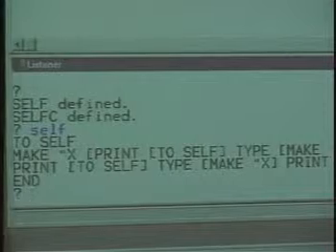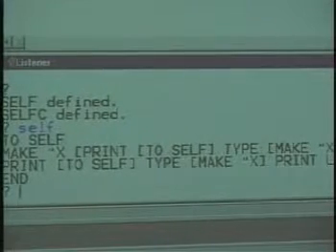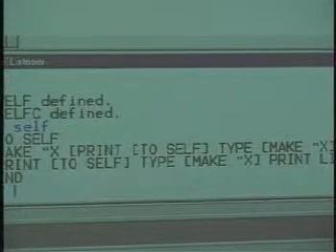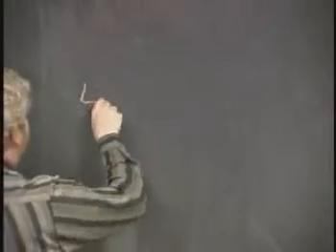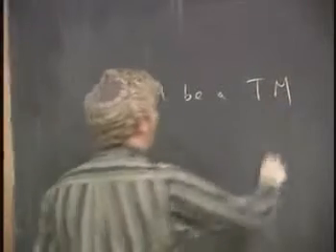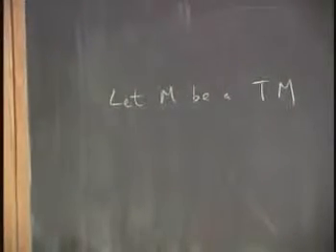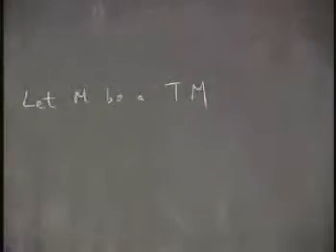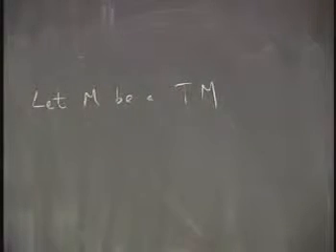Let me write down what the recursion theorem really says in real life. Okay. I'm going to talk about a Turing machine called M, and M is going to take two inputs and do something with them.